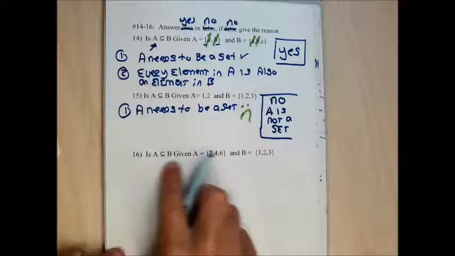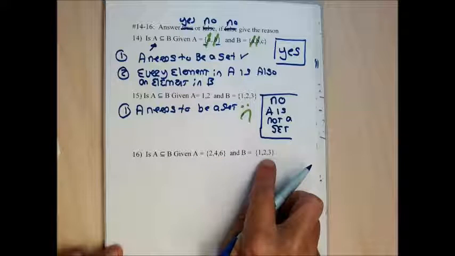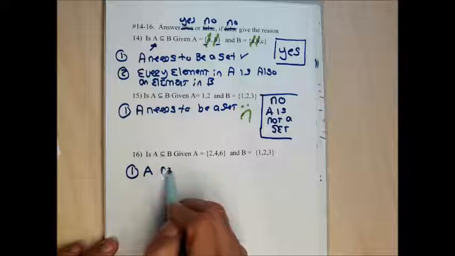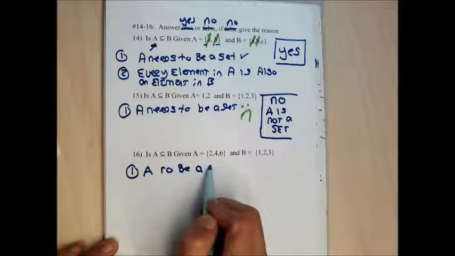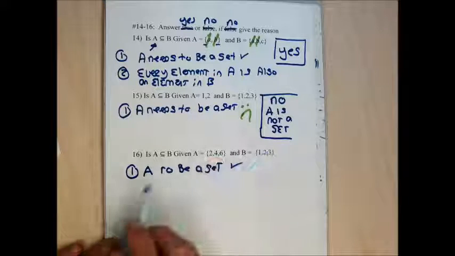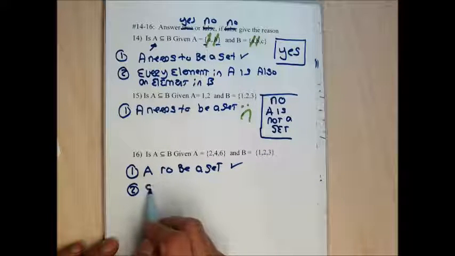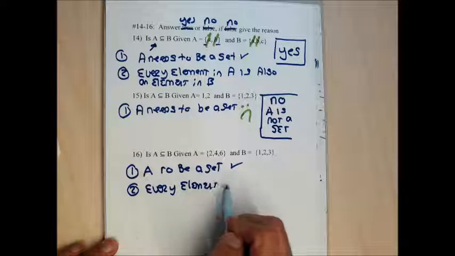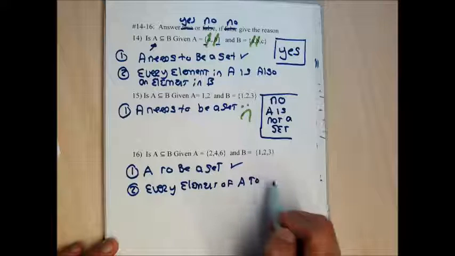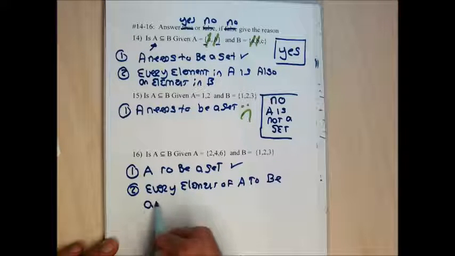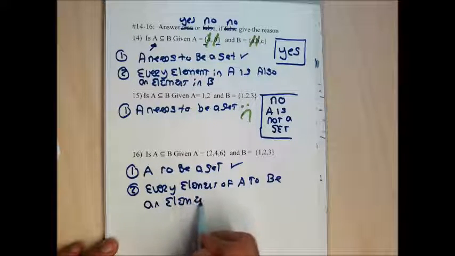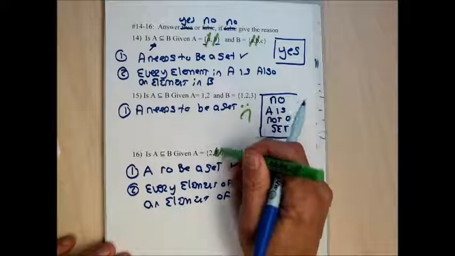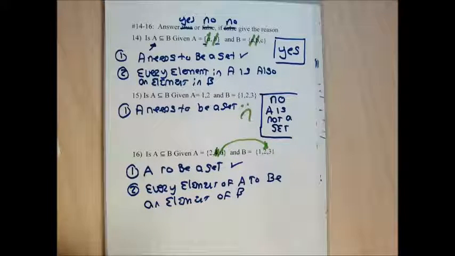Problem 16 says, is A a subset of B given A is 2, 4, 6 and B is 1, 2, 3? Well, I need 2 things. I need A to be a set. That's good because it's in set braces. 2, I need every element of A to be an element of B. And this is where I mess up, because 4 and 6 are in A, but they're not in B. So I violate rule 2.